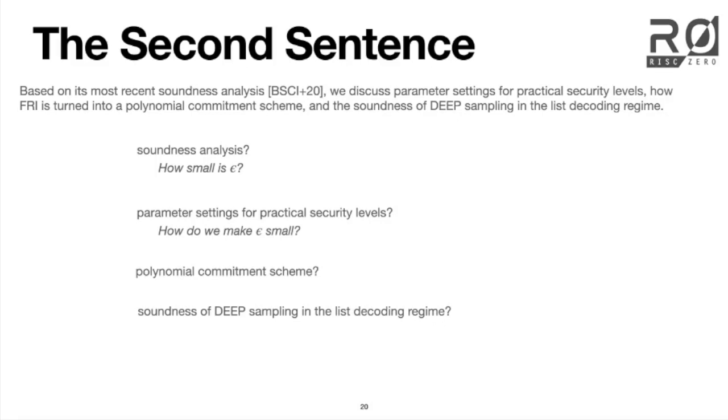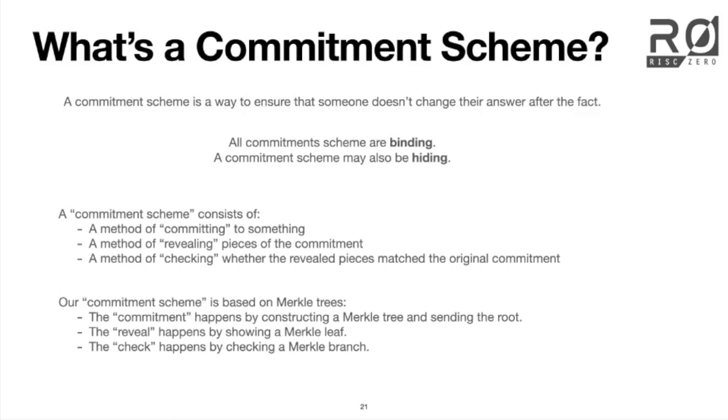So then there's this term of a polynomial commitment scheme is the next one that comes up. And I want to just discuss what is a commitment scheme and then add in the polynomial part. Commitment schemes, like if I'm playing, say, a guessing game with a bunch of children, and I say, I'm thinking of a number between 1 and 100, and the kids start guessing, a kid might ask the question like, wait, did you actually even pick a number?